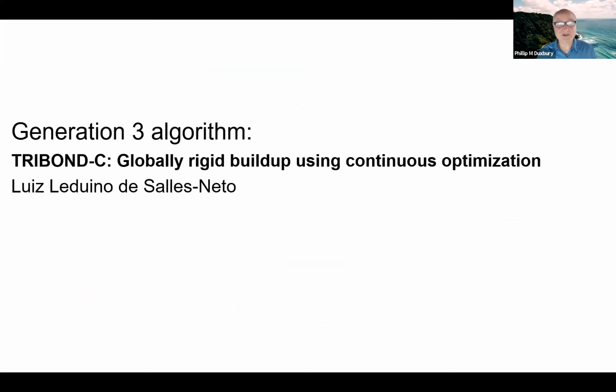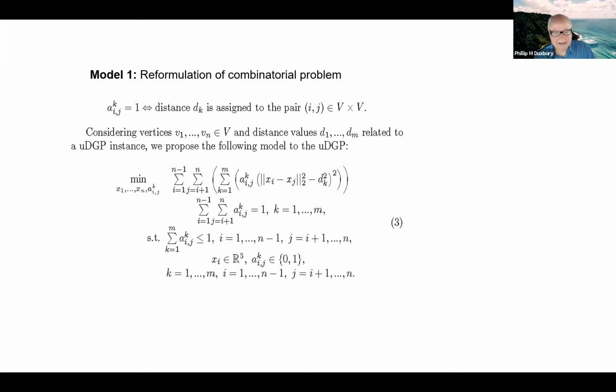In fact, our goal was to try to use global optimization for the whole system, and Louise tried that, and it didn't really work. So instead, what he did was reformulate it as globally rigid buildup using a continuous optimization solver at each k-lateration step, and also for the first step, the step of forming a core.